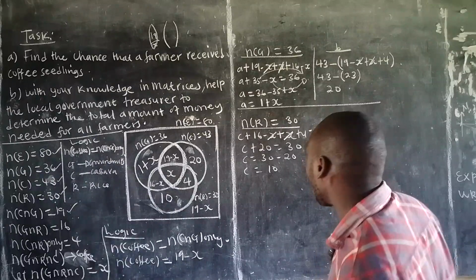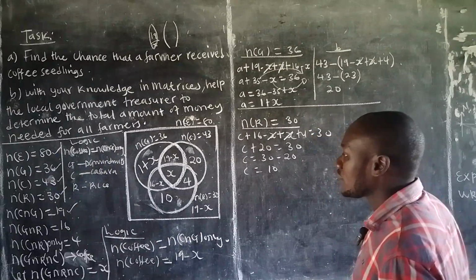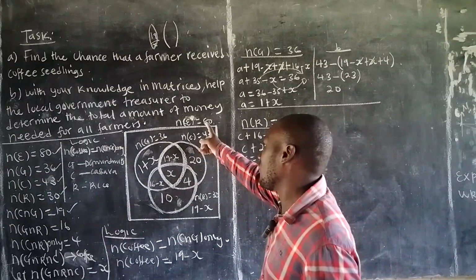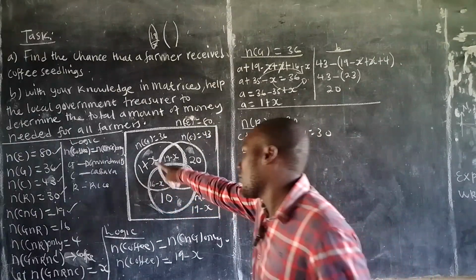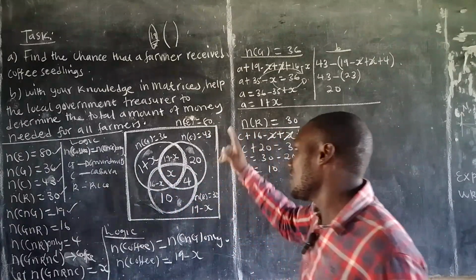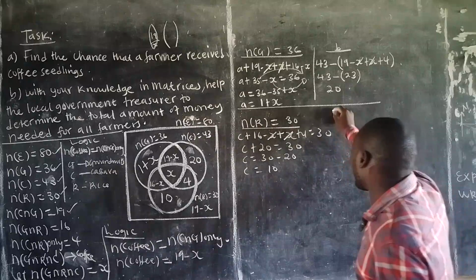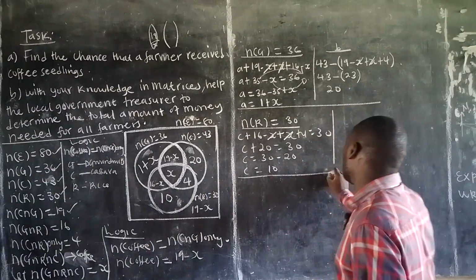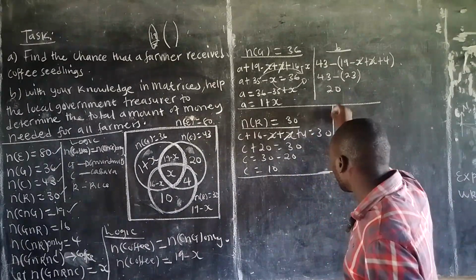I told you, whenever you have a number in the universal, to get the value of X, you add whatever is inside the circles plus the one outside, and equate to the universal.